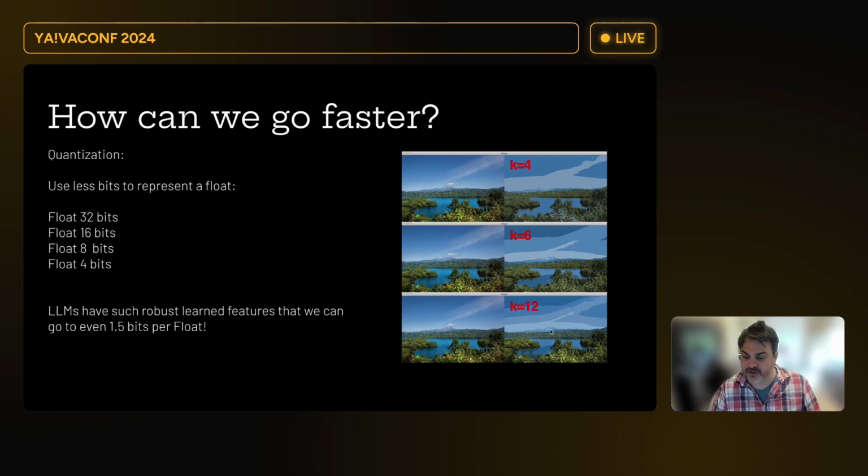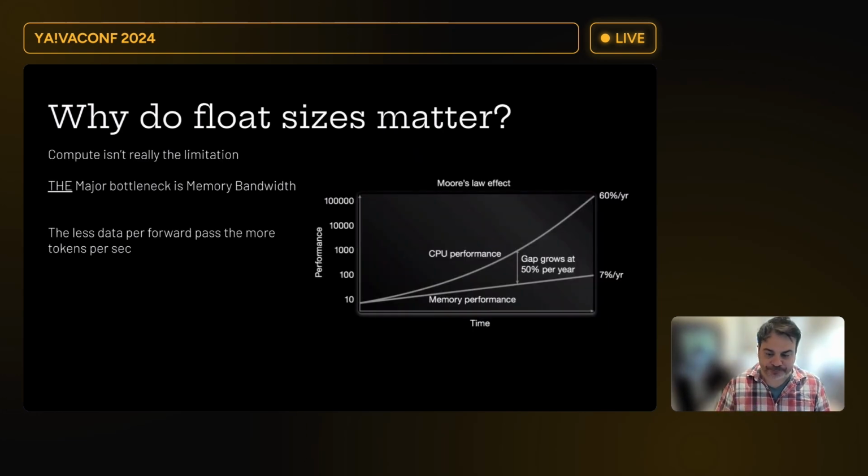Like here, you could still see the mountain on the lowest one, but you can't really make out the clouds. In the second one and third one, on the middle and top, you really can't make out the details, but you still know what it's a picture of. And that's kind of what the features are that the LLM has inside of it. So even though you lose detail, you can still get the gist of it.